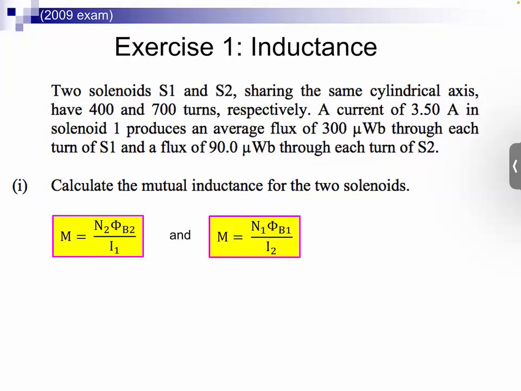You can use either of these equations. It will still give you the same answer for the mutual inductance. But the clever choice of which equation to use will depend on what you know from the problem. The problem gives you the current in solenoid 1, right?